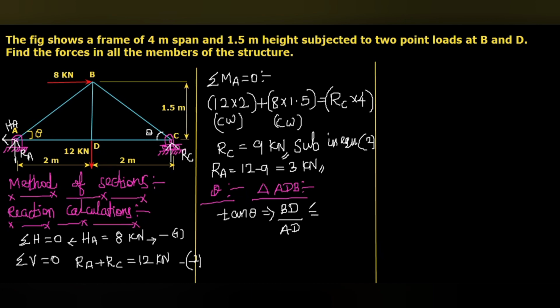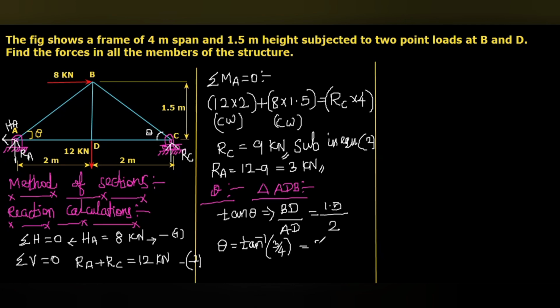Here BD is 1.5 and the horizontal value is 2. If you divide, you will get 3 by 4. So theta equals tan inverse of 3 by 4, which gives theta equal to 36.9 degree. This is the inclination made by both the inclined members, AB and BC, with respect to the horizontal.